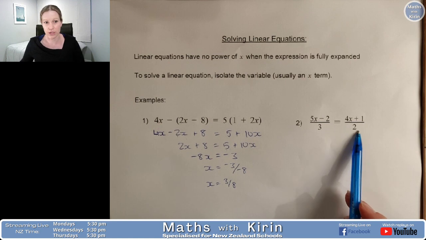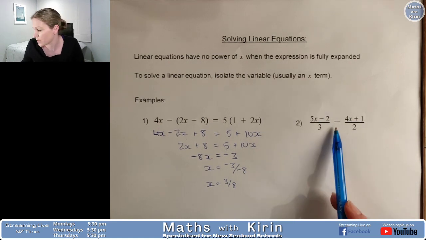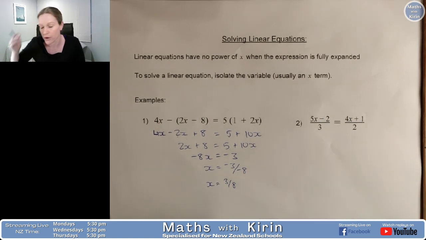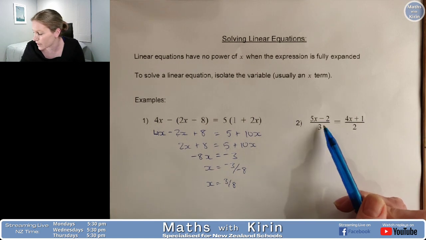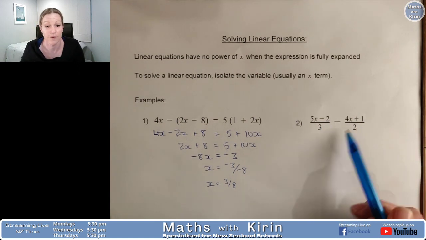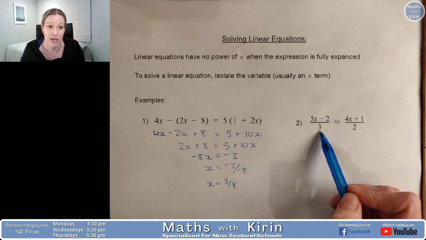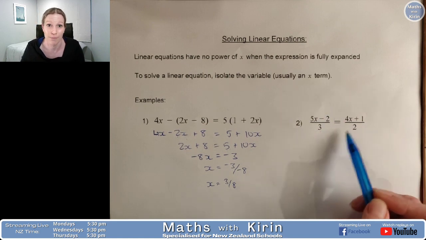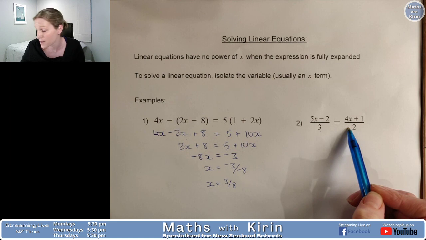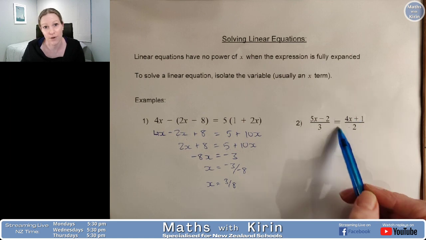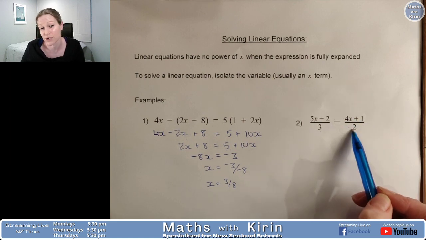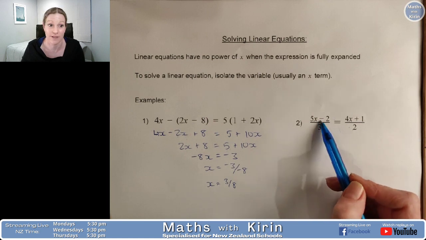Our second question here is one fraction equals a second fraction. What we want to do is not have these denominators anymore, because it makes things a bit easier. The left-hand side is being divided by 3. To undo that, we need to multiply the right-hand side by 3. Likewise, the right-hand side is being divided by 2, so to undo that, we want to multiply the left-hand side by 2.